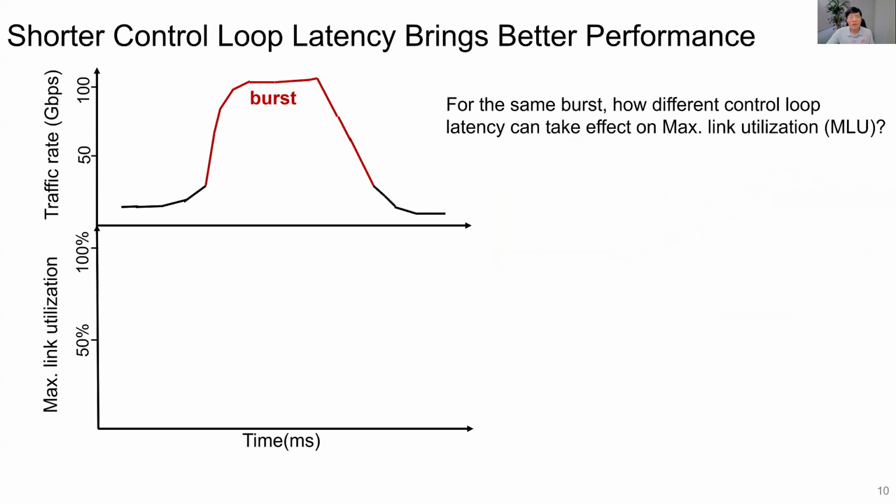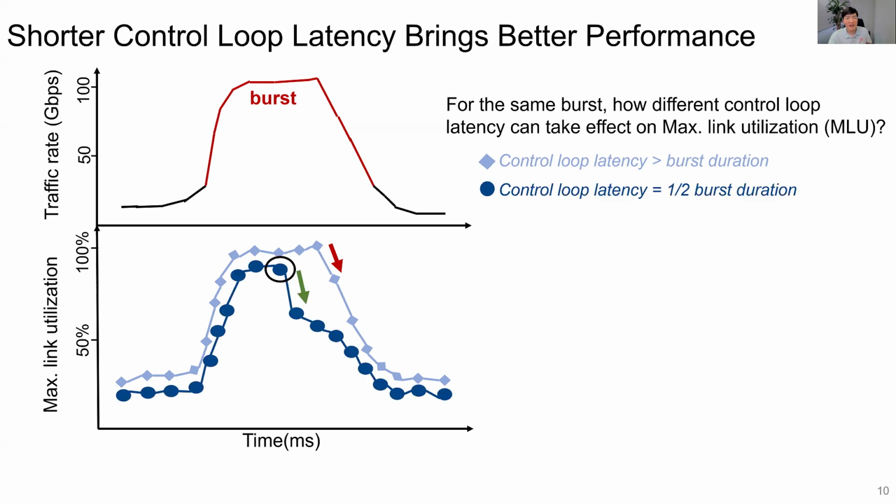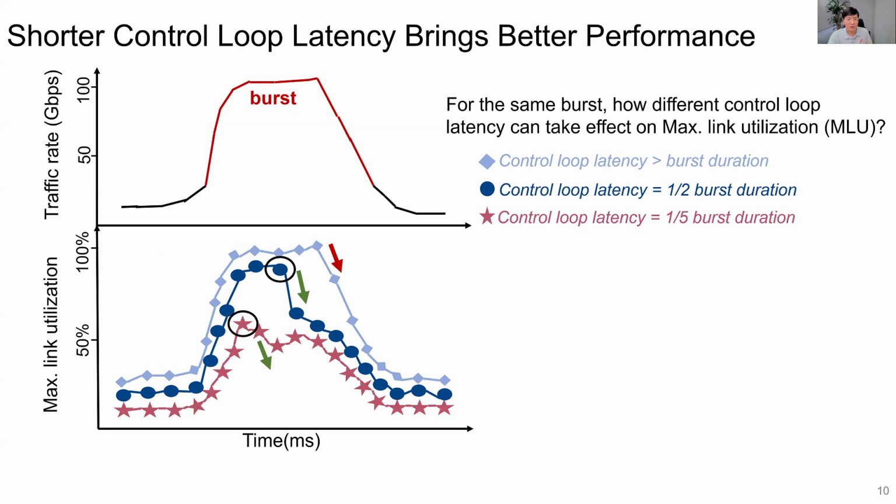Why does shorter control loop latency bring better performance? I will try to give a quantitative analysis. For the same burst, if TE speed is too slow, for example, if control loop latency is bigger than the burst duration, bursts are gone before TE takes effect. If the speed can be faster, the TE system can react to the burst in time, and distribute the burst traffic over different paths before bursts lead to congestion.